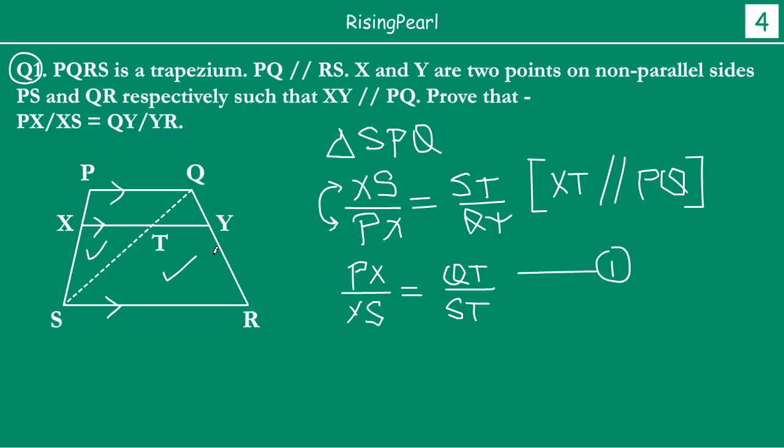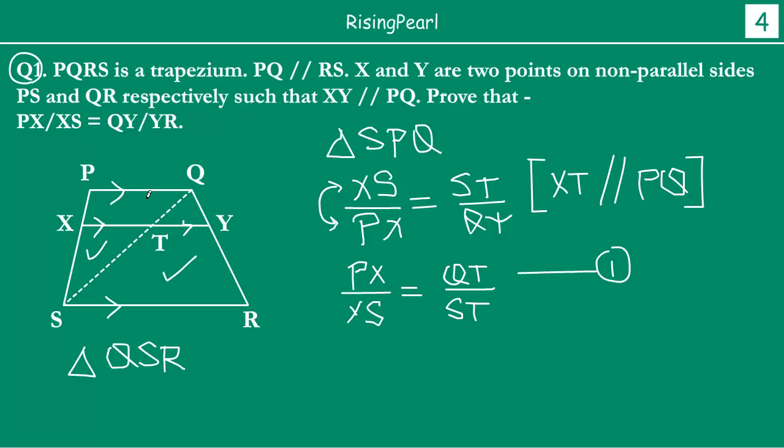Similarly, in this triangle QSR, let's write it here. In triangle QSR, what do we have? We have TY, this line, parallel to SR or RS. Why?